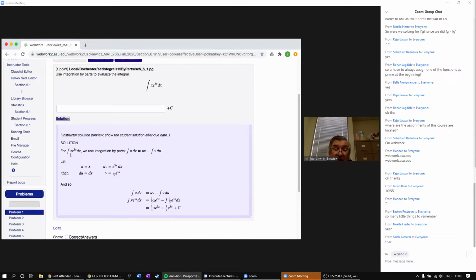But okay, so you call this u, and this is dv, u dv. That's the formula. You see, u dv is uv minus v du. So that's another variant of integration by parts in somewhat different notation.